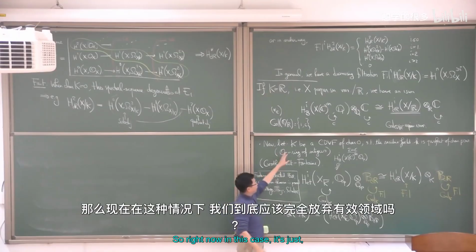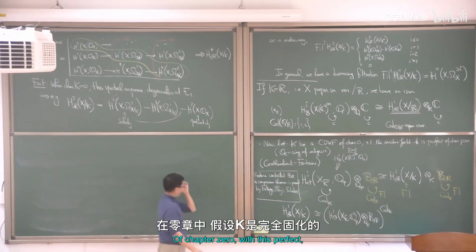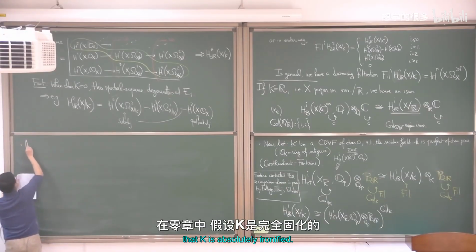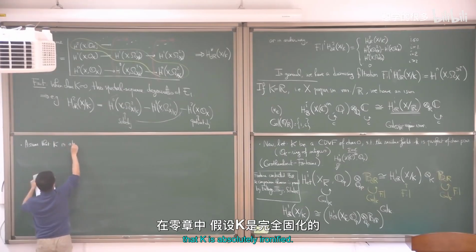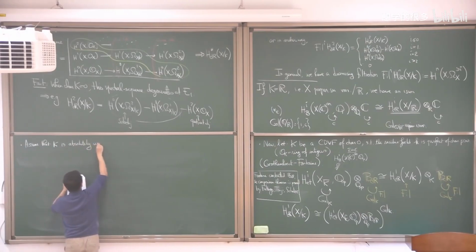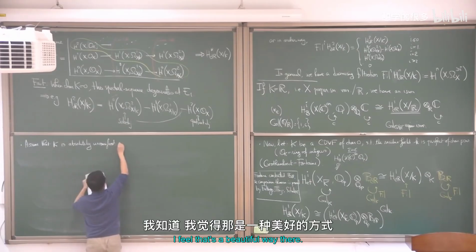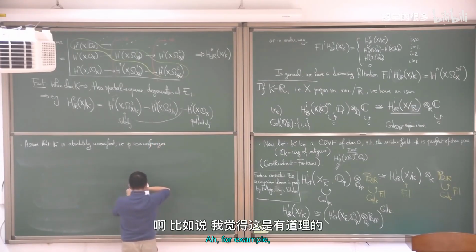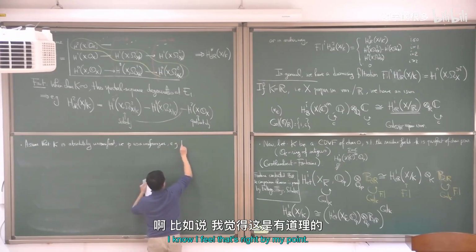Let me make our life even better. Right now, this K is an arbitrary finite extension of Q_p with perfect residue field. So now let's assume further that K is absolutely unramified, i.e., p is a uniformizer. For example, Q_p is a field that's absolutely unramified.